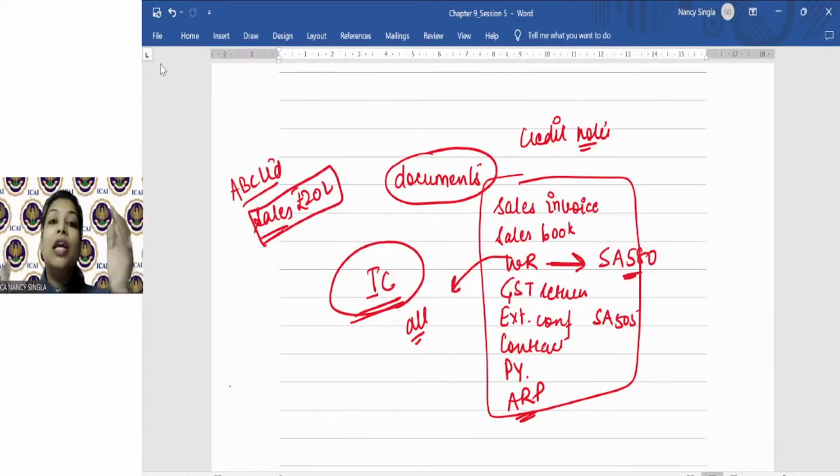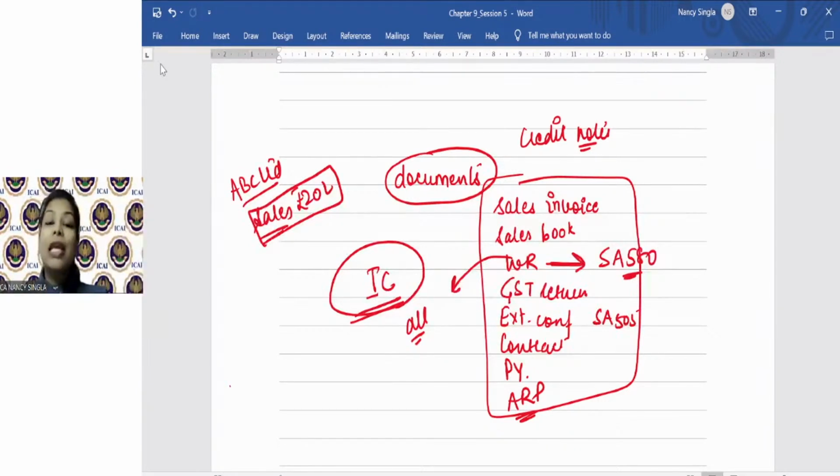Now the sales start when the customer purchases the goods and end when the payment is received. So from the time the goods are purchased till the payment is received from the customer, the auditor will have to see each and everything.